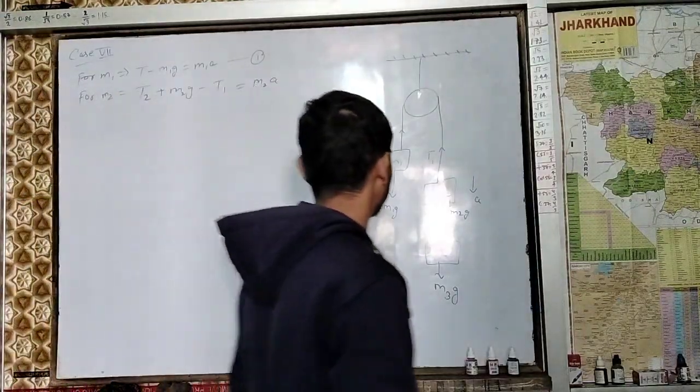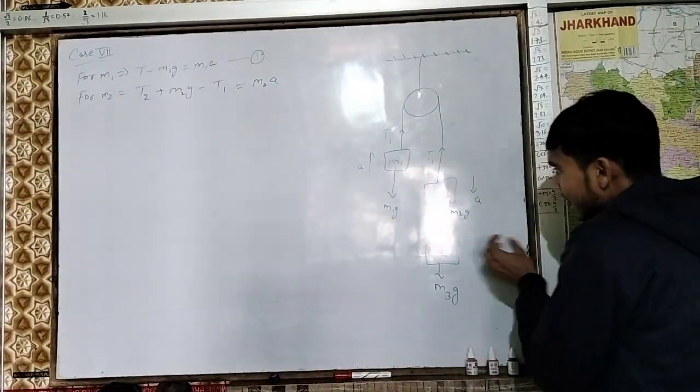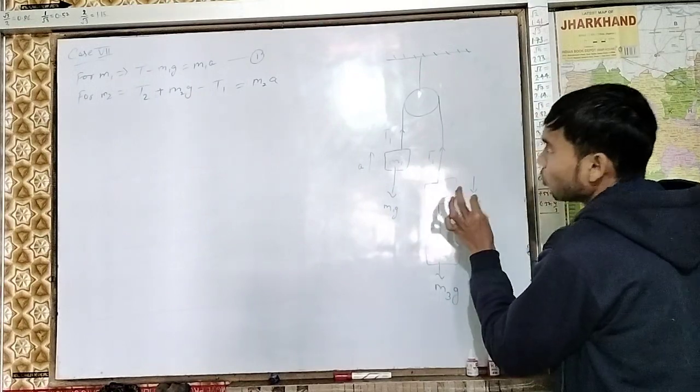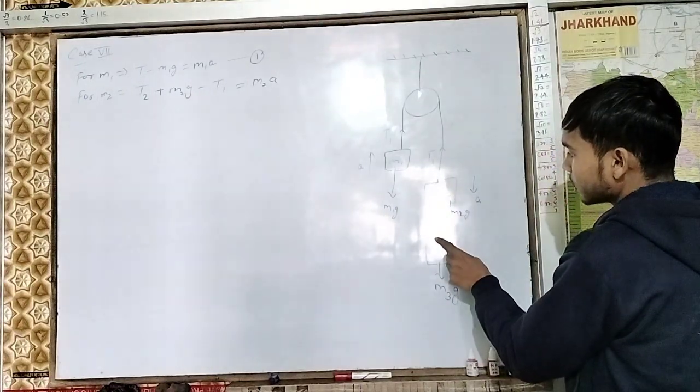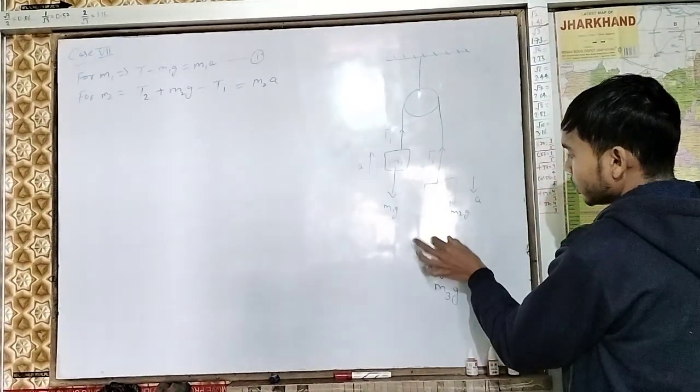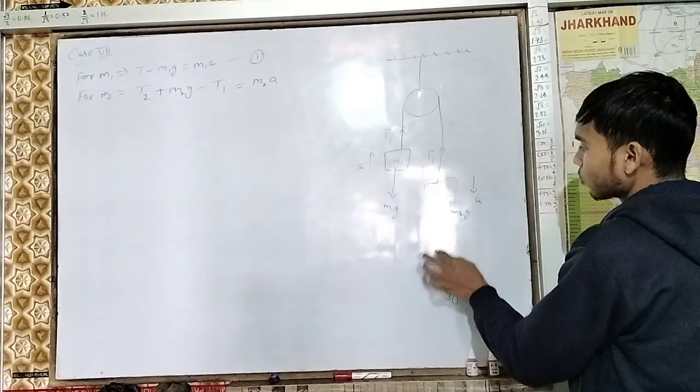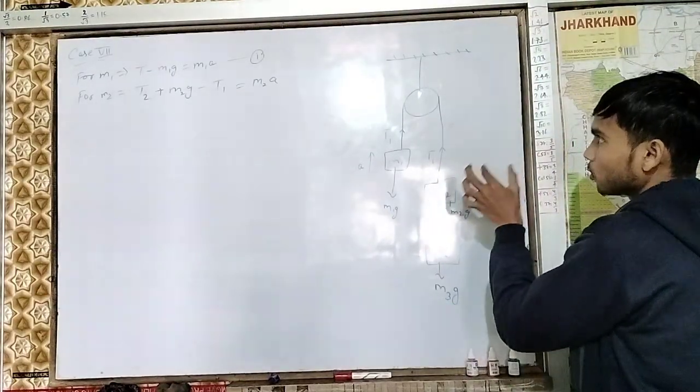Try to understand this complete force downward. Okay, downward. This is T2. T2 is for this object, and M2Z is for M2 object.